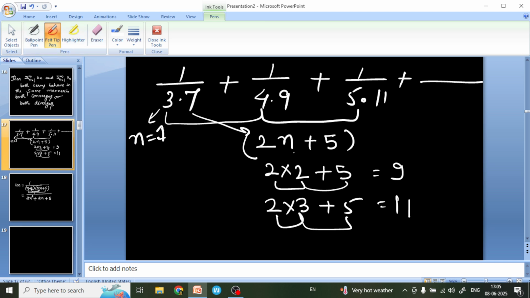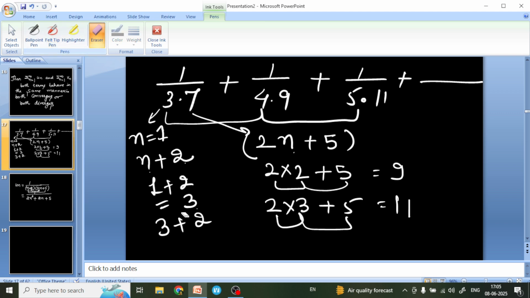If n is 1, n plus 2, 1 plus 2 is equal to 3, the next number 1 plus 3, that is 4, next number 1 plus 4, that is 5.